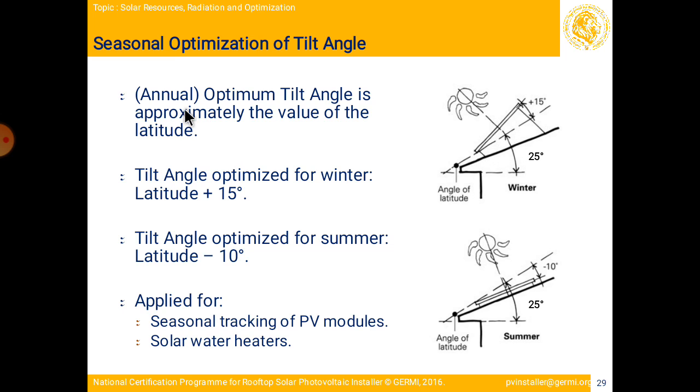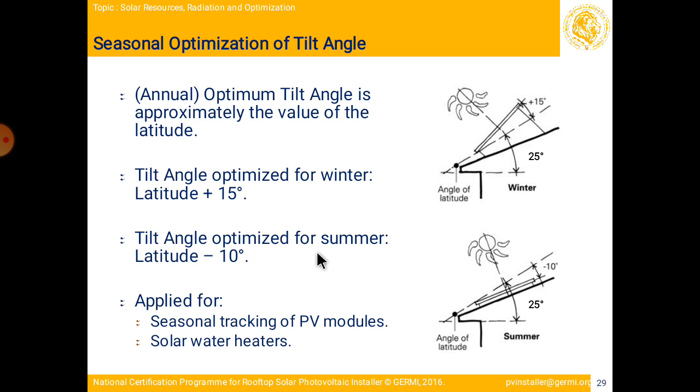For annual use, the optimum tilt angle is approximately the value of the latitude. So for that we have 23 degrees south facing, and the tilt angle optimized for the winter is the latitude plus 15 degrees, which we need to optimize for a better output from the solar PV module.